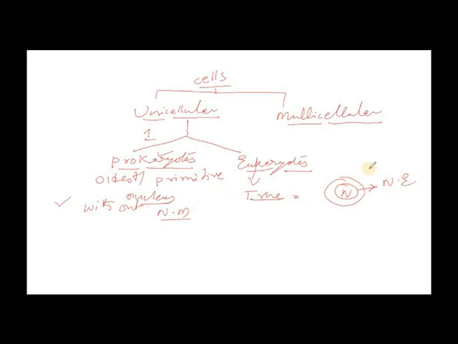So the nuclear membrane is present in eukaryotes, whereas it is absent in prokaryotes. Based on the unicellular nature, cells are of two types: with nuclear membrane is called eukaryotes, without is known as prokaryotes.